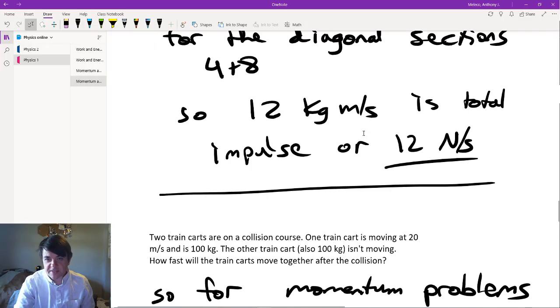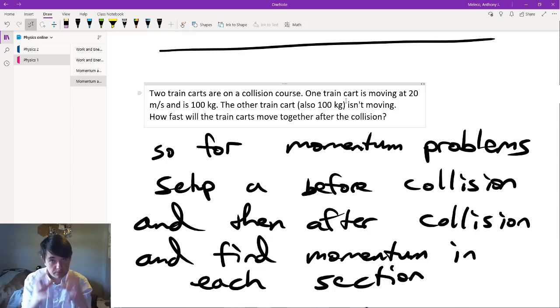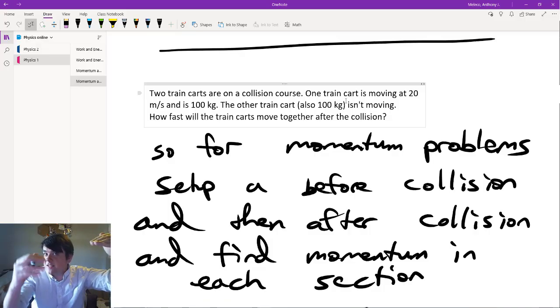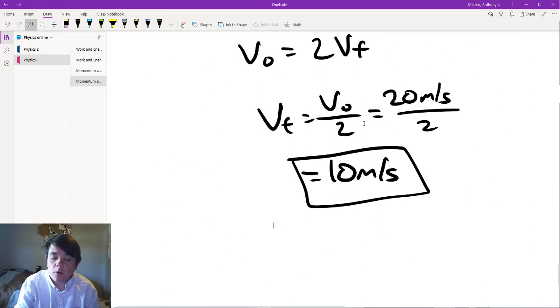Typically there's a trade-off, right? As you increase your mass, your velocity has to go down if everything's conserved. So our mass doubles because we're 2 train carts now, so our velocity would decrease by 2. If it was times 3, it would decrease by 1/3. Times 4, decrease by 1/4 is what you'd expect to happen.